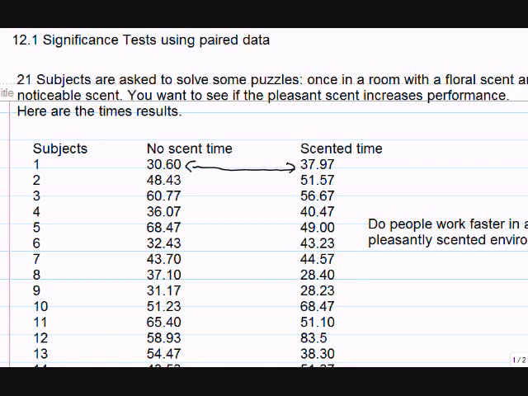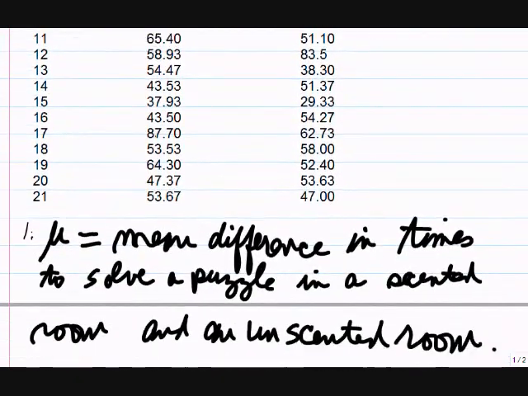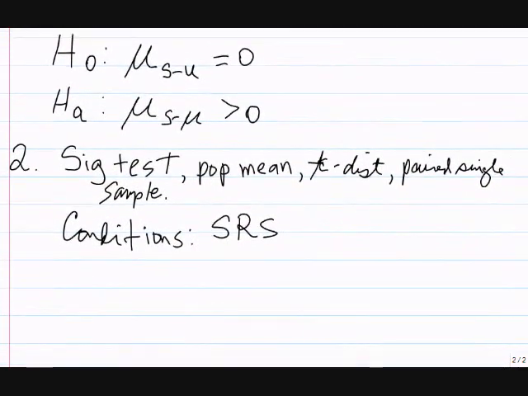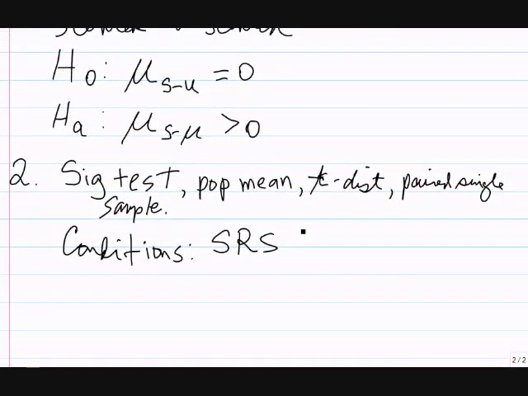Subjects are volunteers. So we don't have a random sample of a population. Is it an experiment? It's an experiment. Did we talk about randomizing the experiment? Yeah, so we have a controlled randomized experiment. We randomize which order they did the scented and unscented. Wait, so it's not a simple random sample? No. It's a controlled randomized experiment.